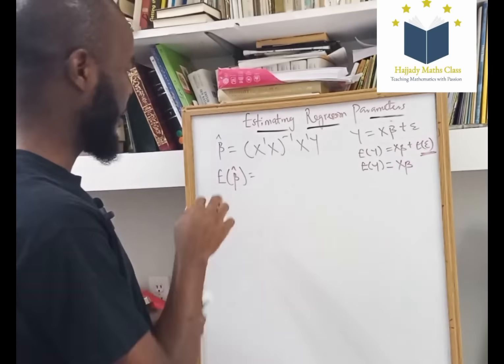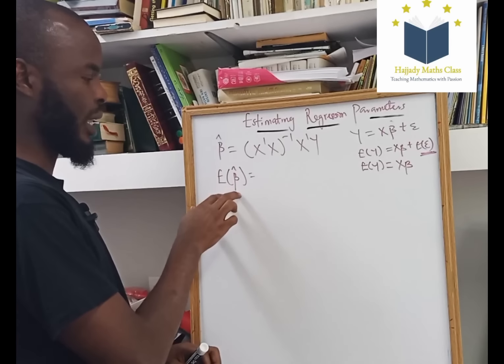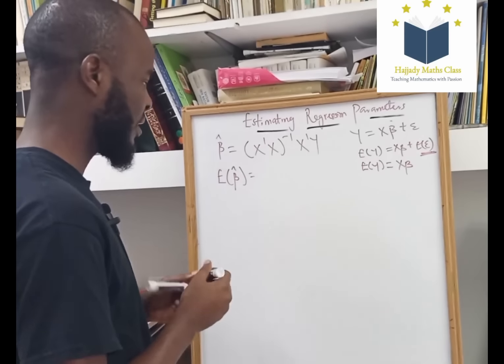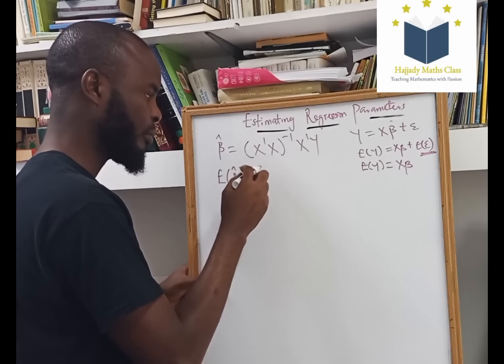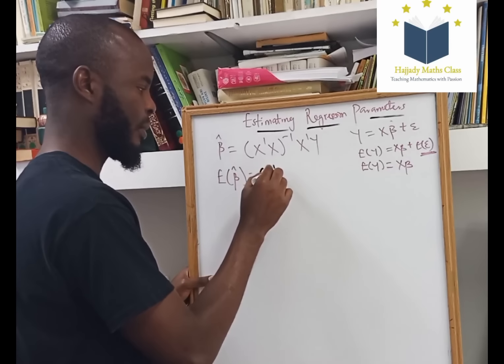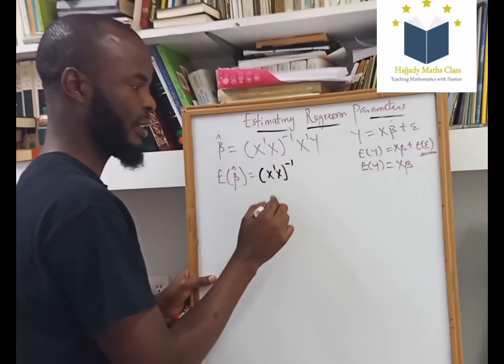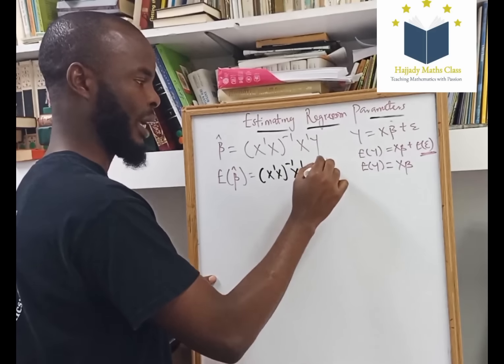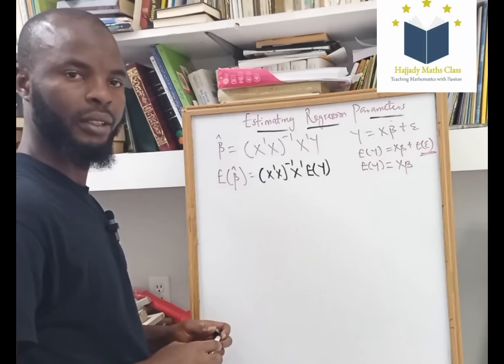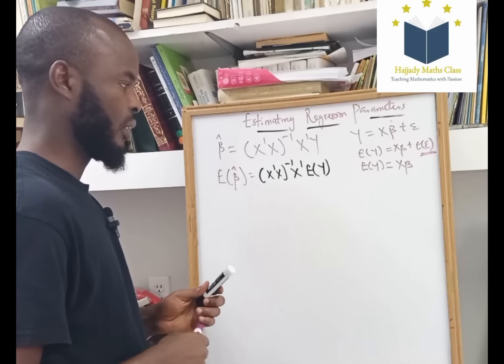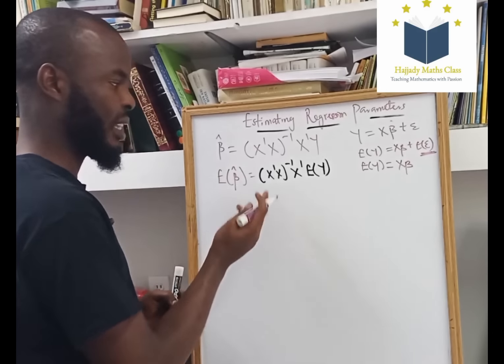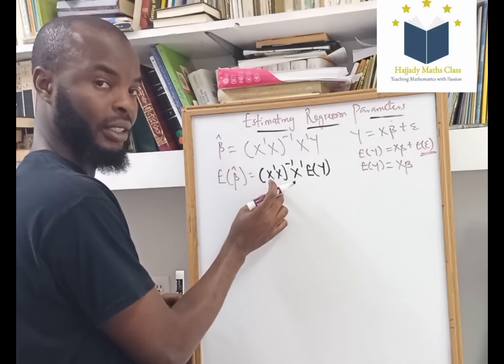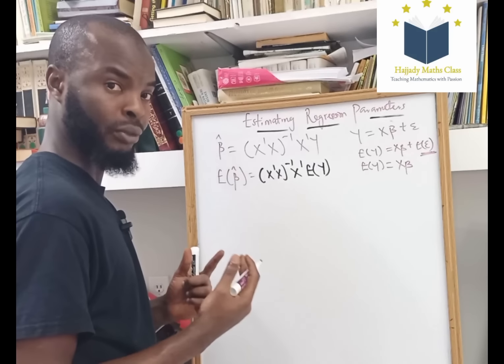So here I'm having the expectation of β cap, which is the same thing as saying X prime X inverse X prime, the expectation of y. Now, because these are predictor variables, the X are the predictor variables.